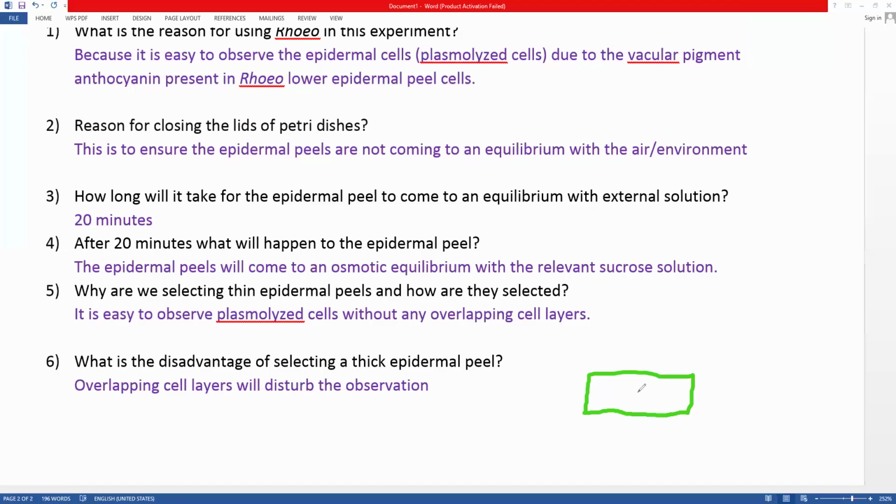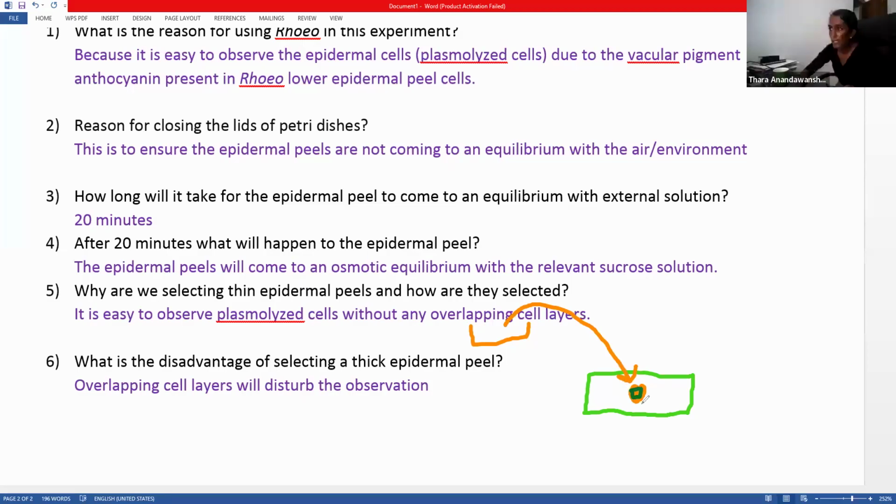Sucrose solution. Yes, you have to take the relevant sucrose solution and put a drop here. Do not write that you'll be putting a water droplet. That's very wrong, okay? So you'll be putting a droplet of the relevant solution, and then you'll be keeping a thin epidermal peel selected over here, and then you'll be closing it with a cover slip, and you'll be removing the excess water. After that, okay?